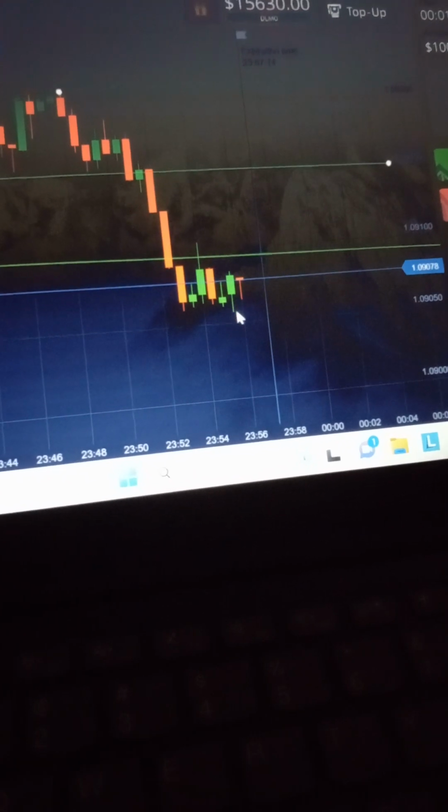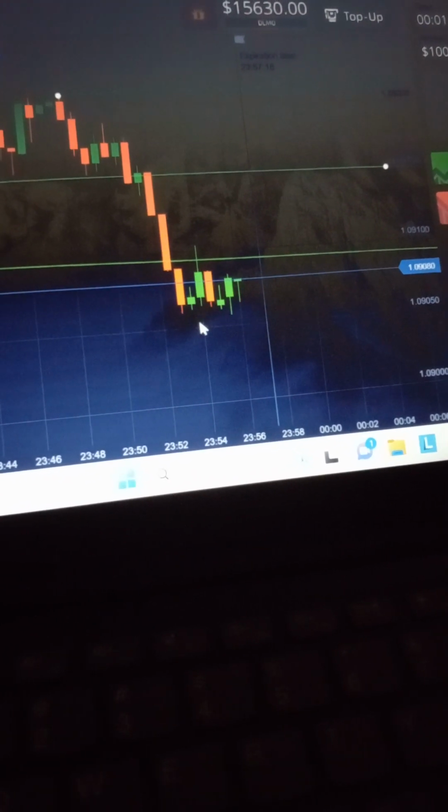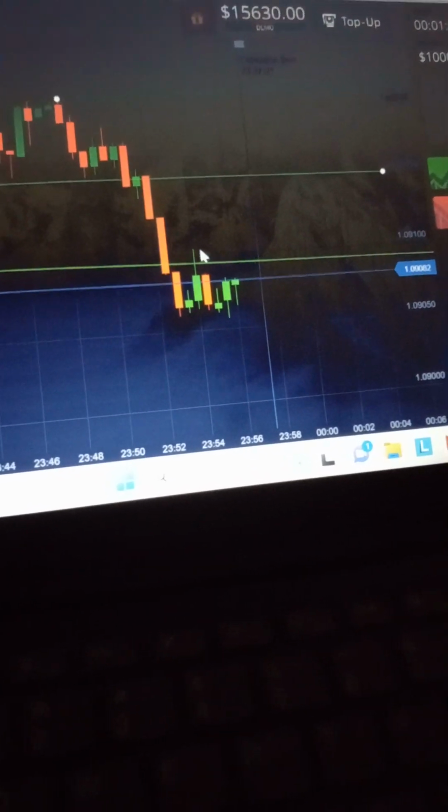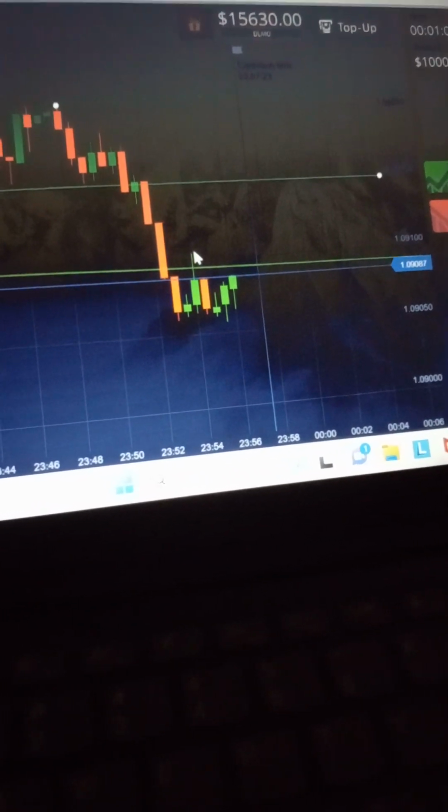This is a low. This is a lower high. This right here is an equal low. I'm going to see if price comes back up here and makes an equal high. And if it does, that lets you know that this is possibly a false breakout.